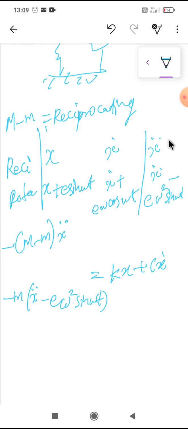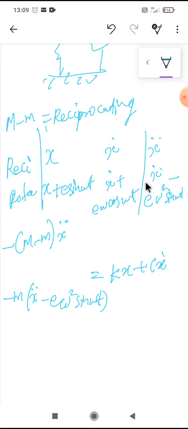As we know, what is the formula of force? The formula of force is mass into acceleration. So for finding the reciprocating force, we have taken this acceleration and the mass, that is the total mass minus the rotating mass. So we have deducted the rotating mass, and we get the reciprocating mass, and with the help of this we got the reciprocating force. Similarly, to find the rotating force, we have used the rotating mass and the rotating acceleration.